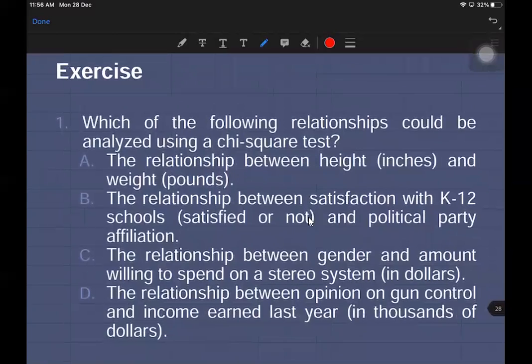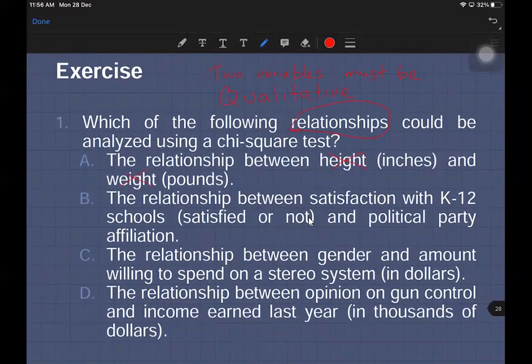So, exercise here. Which of the following relationships could be analyzed using the chi-square test statistic? The two variables must be qualitative. Looking at A, height is not qualitative, it's quantitative.